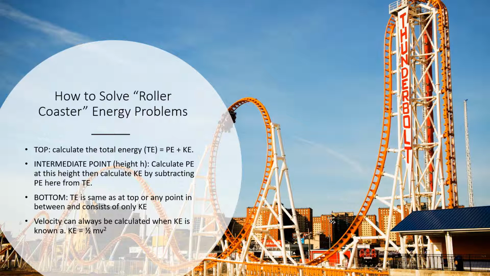And then once you've dealt with that, you calculate the energy at any given point by calculating the potential and subtracting it off of the total. So if you want to look at any given height, you just calculate that potential energy, which is easy: it's mass times gravity times the height.